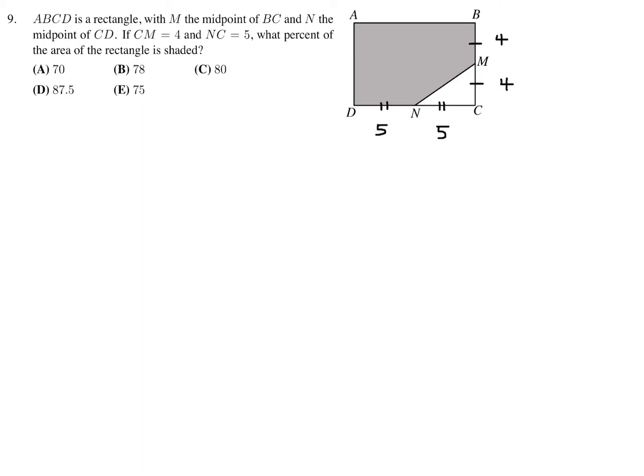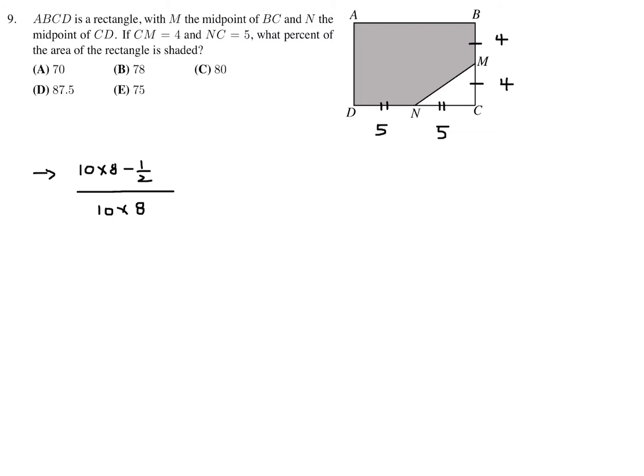So first, let's just figure out the area of the rectangle. That's pretty straightforward. It'd be length times width, which is 10 times 8. And then the area that is shaded, I'll put in the numerator here, and that looks like it will be the area of the entire rectangle, 10 times 8, and subtract from that the area of this triangle here, NCM, I guess.